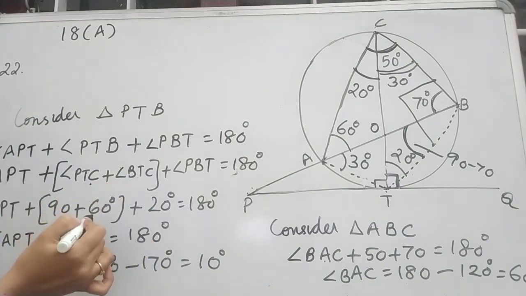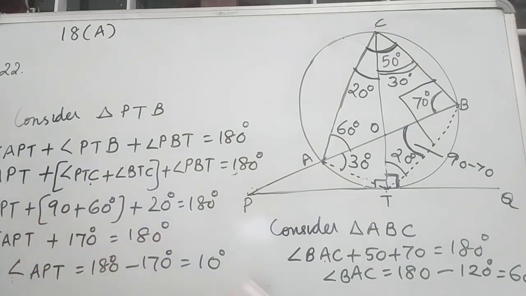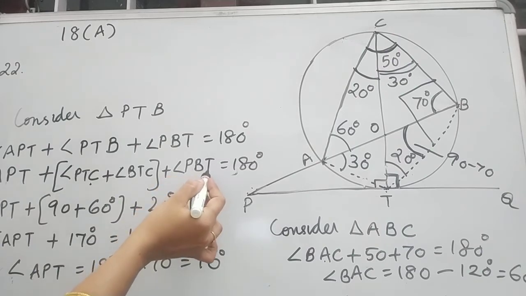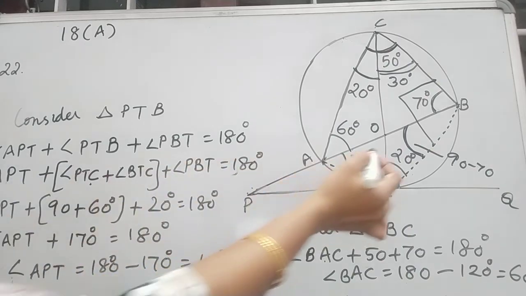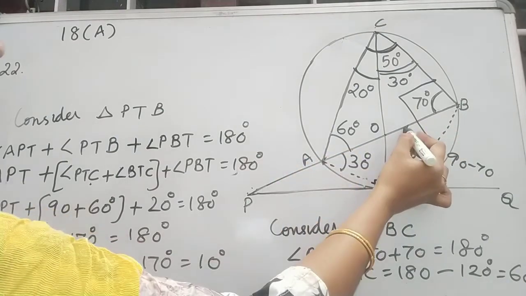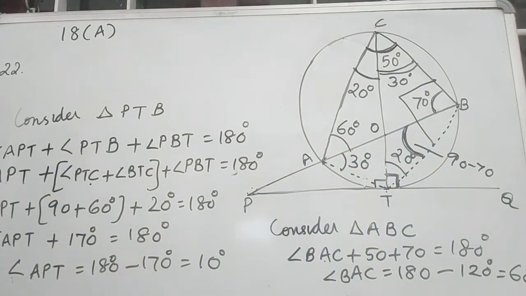Then PBT, already we know, look at the figure, we got it as 20 degrees. So adding these, the sum is 170, and the total is equal to 180. So APT is equal to 180 minus 170, which is equal to 10 degrees. That is our third part.